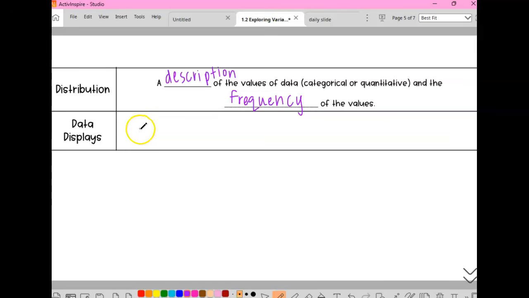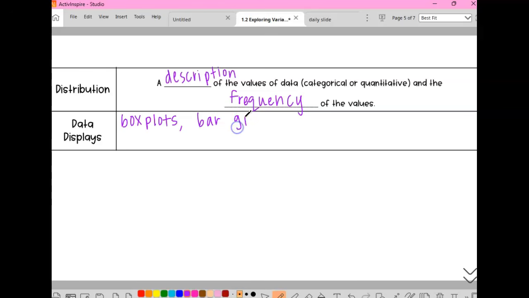So data displays. You already know one because you did it yesterday. What's it called? Box and whisker plot. Yeah. Box plot. Okay. What other data displays do you have prior knowledge of? Bar graph.